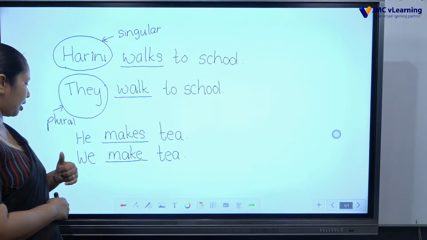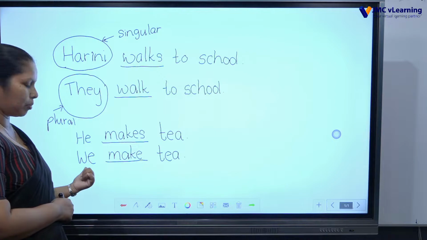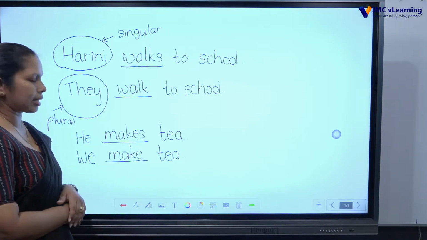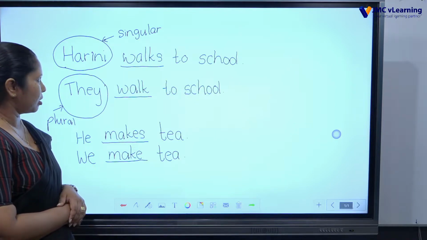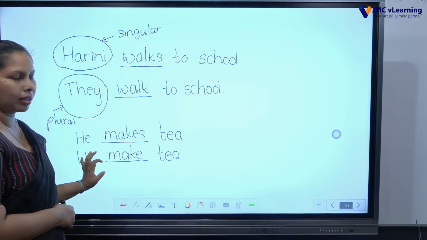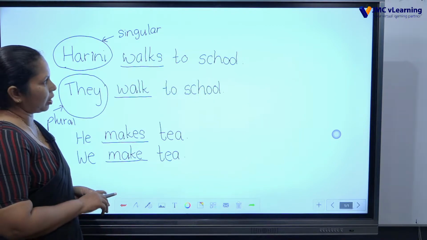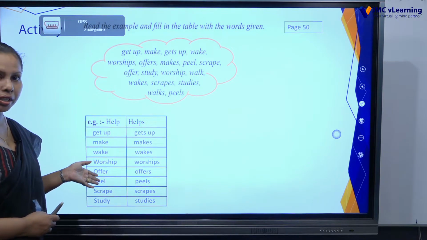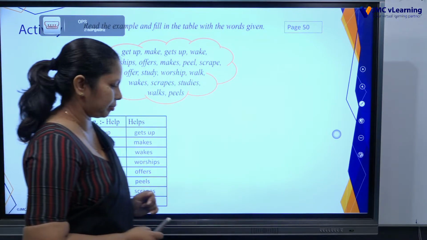In the second sentence, the pronoun is taken in the plural form and the verb is taken as make. So here, walks, walk, makes, make. Okay, we'll go back to the lesson. We will read this table again.